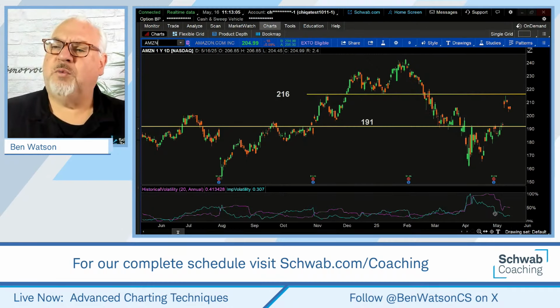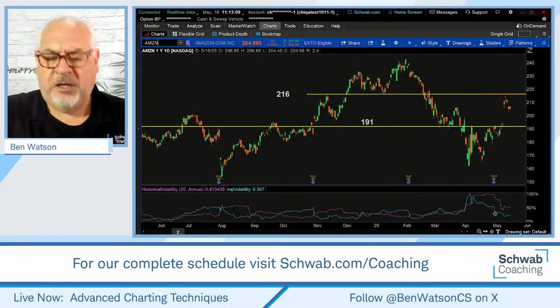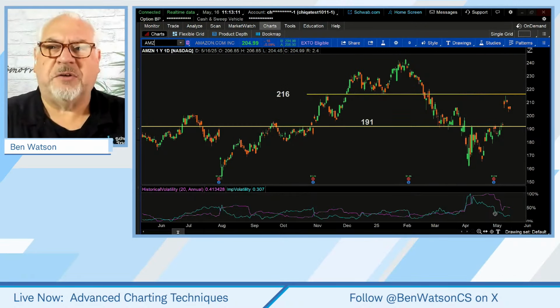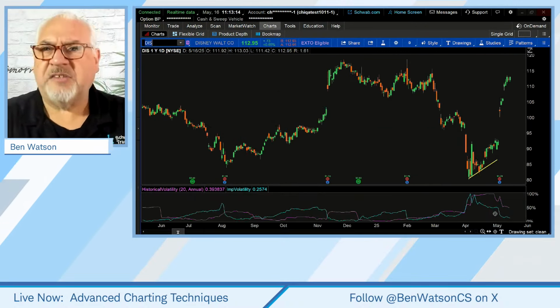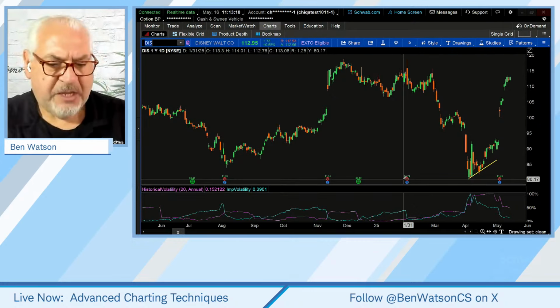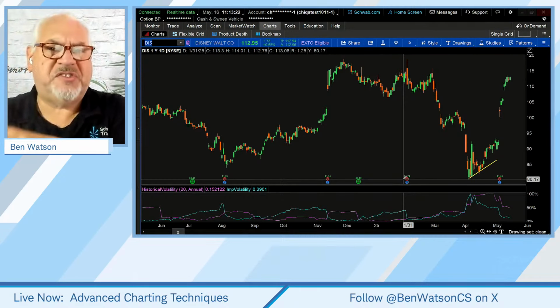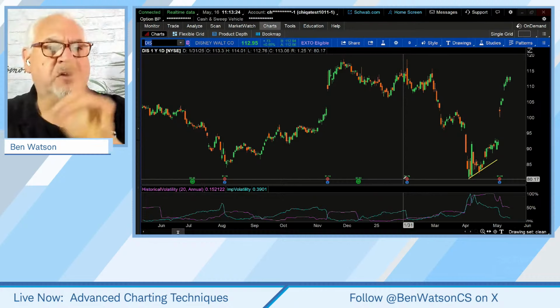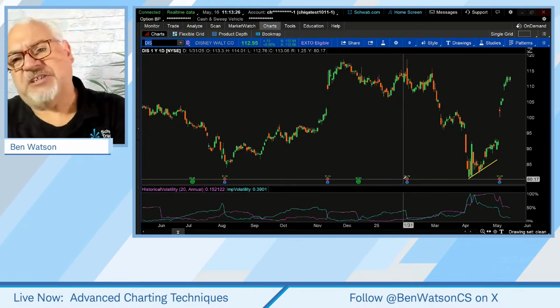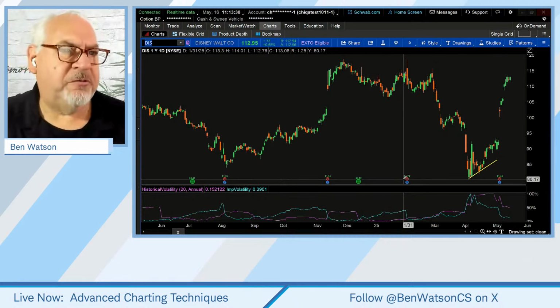So one way that we could go about doing a comparison is this. We could put on any of these charts. I'm going to go back to Disney, DIS. We could put on this particular chart a study that might give us some information about how this stock moves in relationship to something else, a benchmark, for instance.